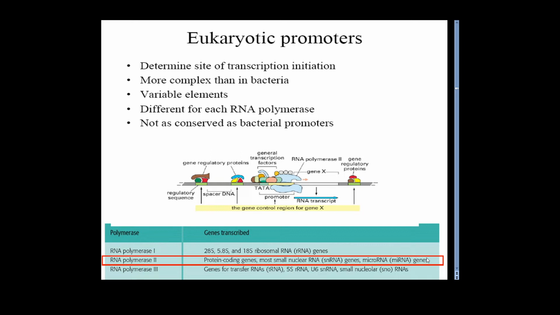Also it makes RNAs important for the function of small nuclear RNAs and nucleolar RNAs. Shortly, for main protein synthesis, messenger RNA is made by RNA polymerase 2, ribosomal RNA by RNA polymerase 1, and transfer RNAs by RNA polymerase 3.